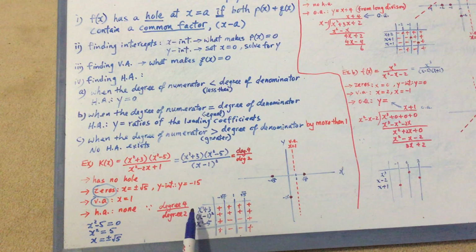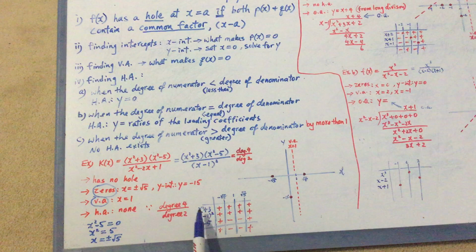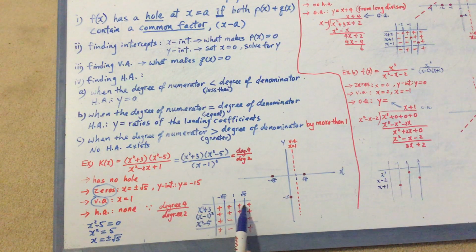Now, in fact, I don't really have to put in the x squared plus 3, but I want to show you that because this one has no zero, even if you put it down here, everything has to be positive, because no matter what value of x you put in, everything turns into a positive. Same thing as the x minus 1 to the power of 2.